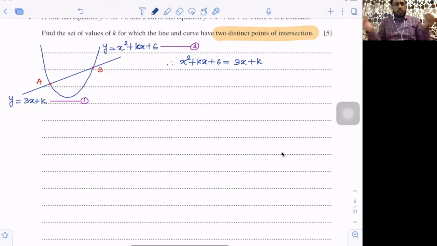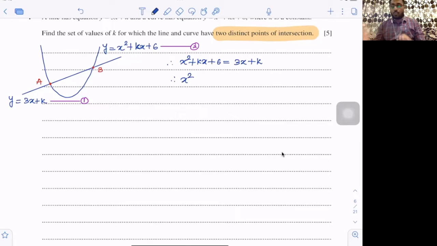Now when you are going to solve these two equations simultaneously, you have eliminated y, so you are going to solve for x. That means if you solve the equation that is seen on your screen, you will get the x coordinates of the 2 points A and B. So I can write here x square, then you have plus kx.